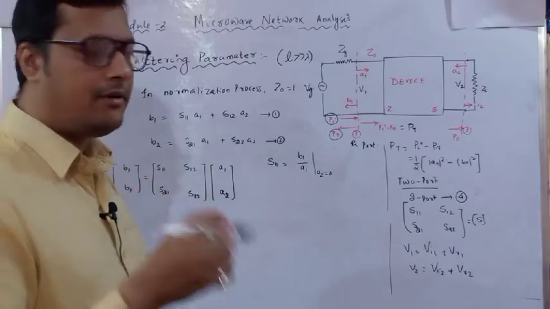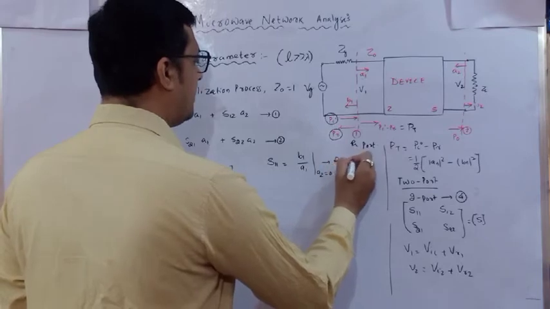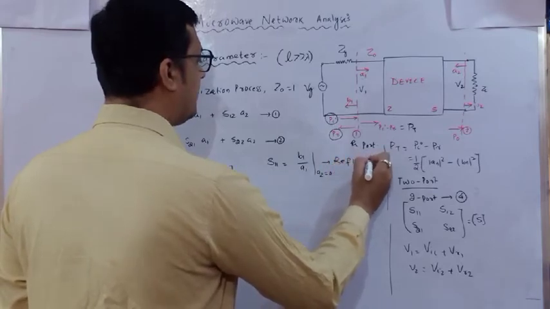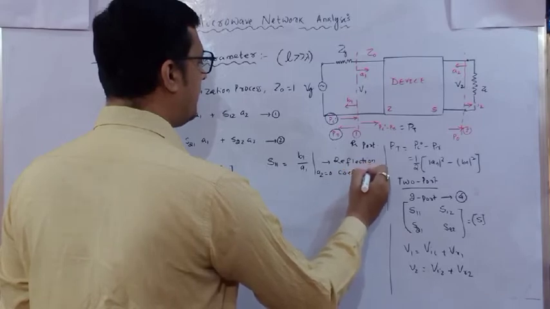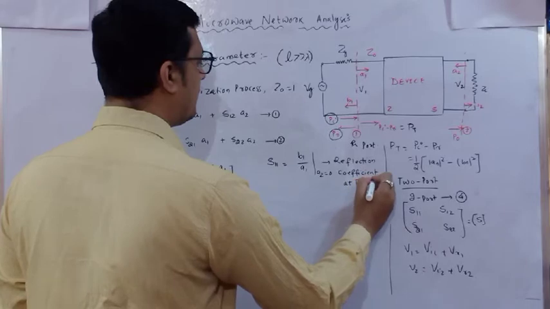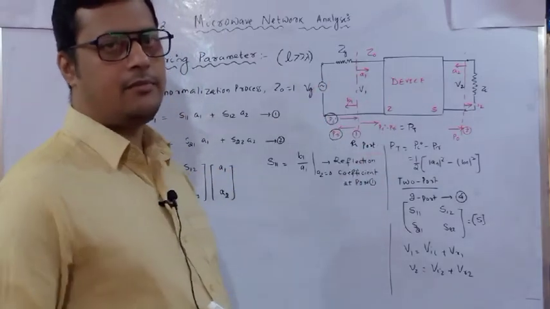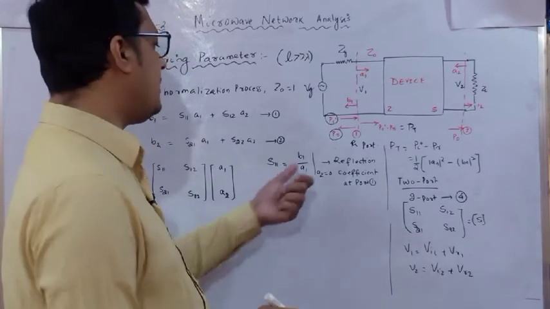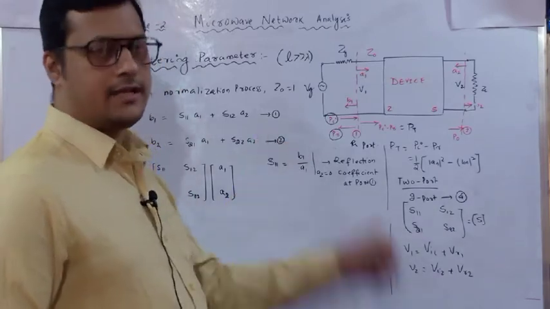It is called the reflection coefficient at port 1. Because reflected by incident potential gives a reflection coefficient. So that reflection coefficient is called S11.